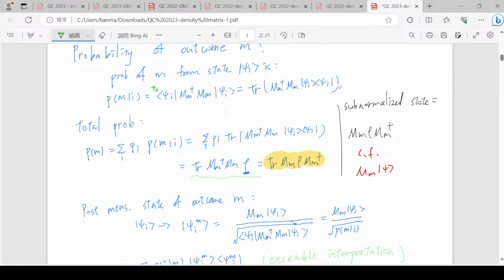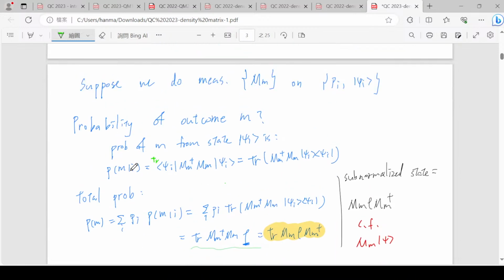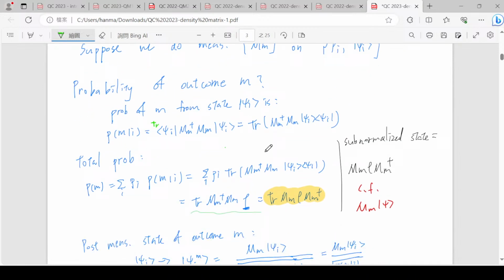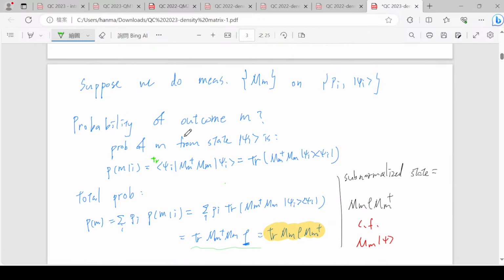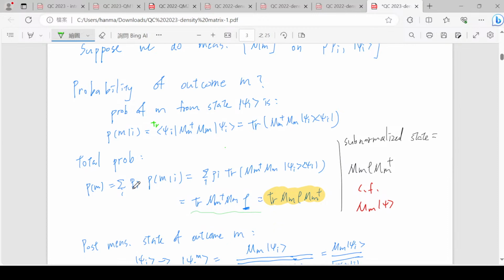Okay. So that's the probability of getting outcome m given the input state is psi_i, and then we want to average over all those probabilities p_i. Okay, so the probability of actually getting outcome m is the sum over i of p_i times this conditional probability, and then you just expand out this thing, and then you look for things that depend on i because you are summing over i.